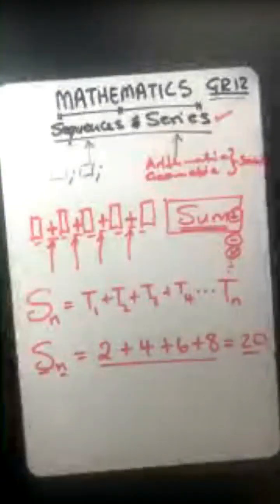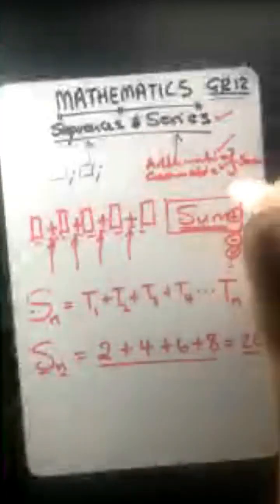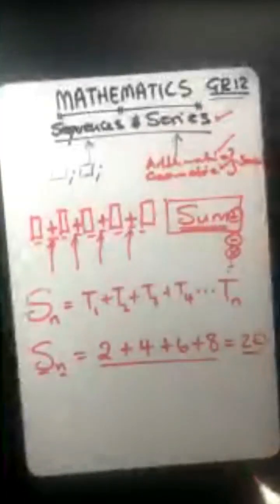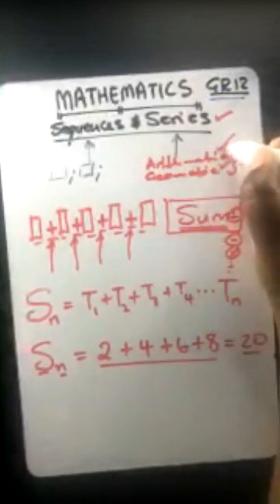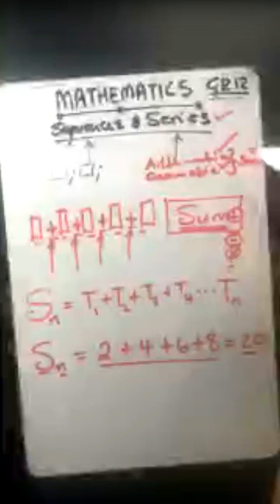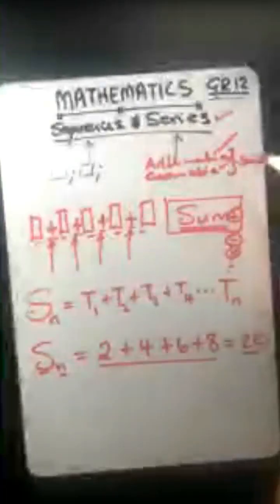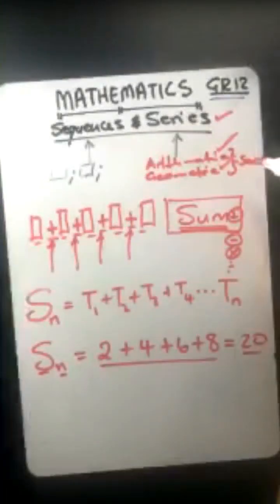But remember, we've got two types of series, arithmetic and geometric. Now let's see how the formula for calculating the sum of an arithmetic series looks, and also the formula for the sum of a geometric series.